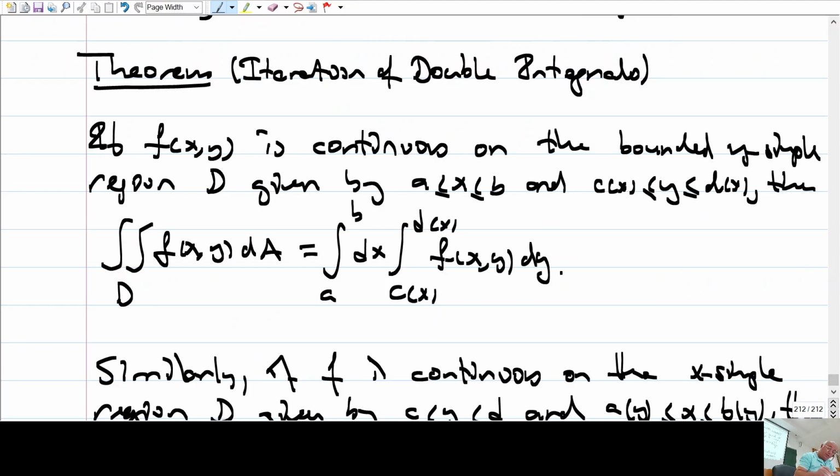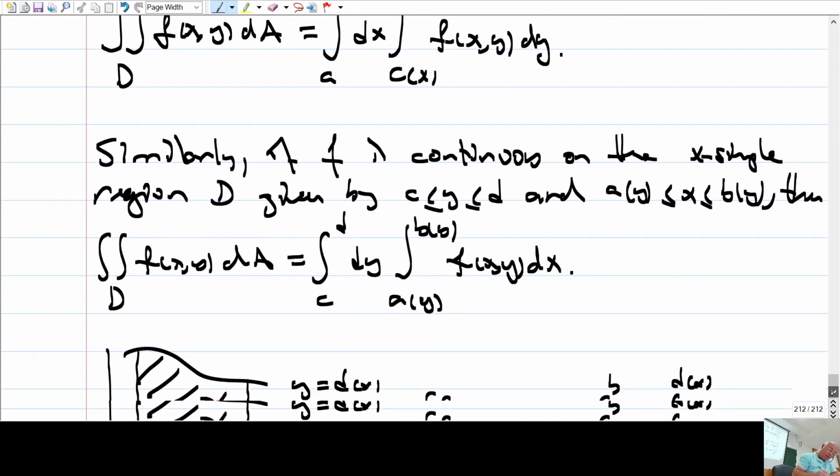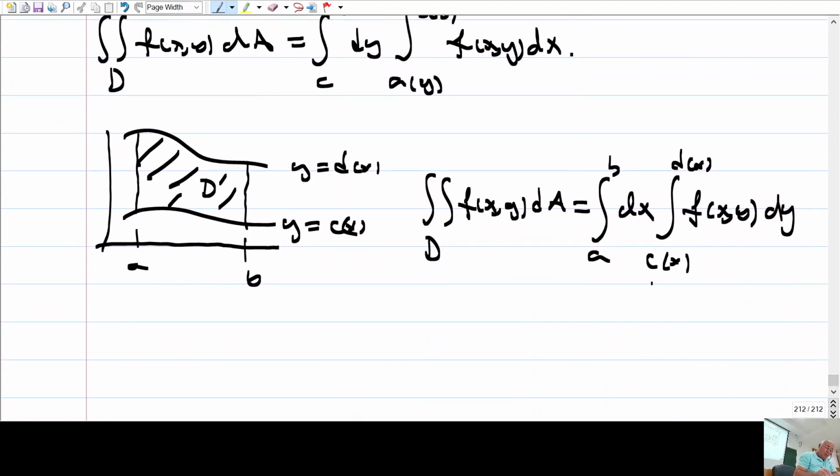So what we mean is this. First, you integrate f as if it's a function of y only. You keep x as a constant and you integrate this object with respect to y.